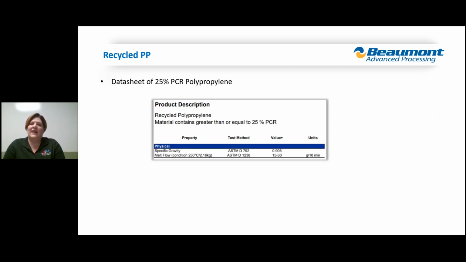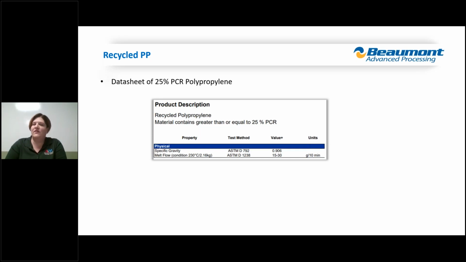Now, that was the difference between a 0.6 MFI and a 53 MFI, which is a pretty wide range. So I'm going to go back to the same data sheet I think Jake had referenced and look at something a little bit more common of recycled content. Typically you do get a range of MFI, and this particular one is showing us that range of 15 to 30.